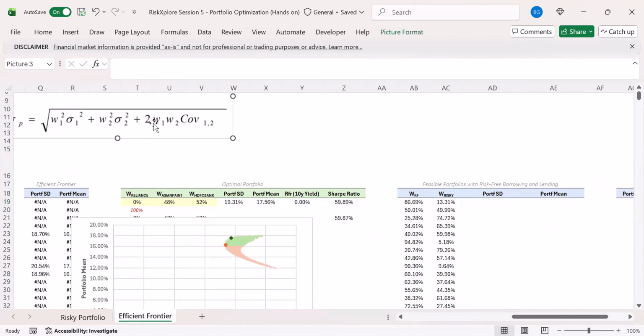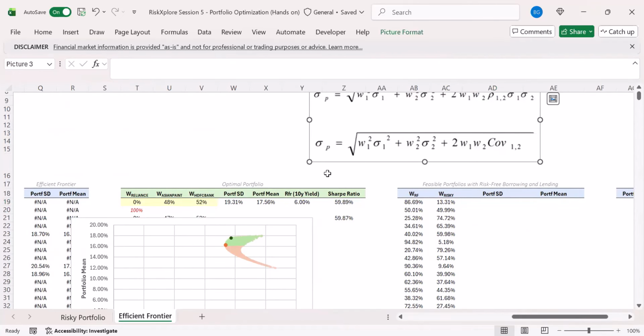We can refer to this formula here, the formula for a two asset portfolio. If we have to find out the SD for that, we can see here that it is square root of weight 1 square sigma 1 square. Let's assume asset number 1 is the risk free asset. So what was the SD of the risk free asset?